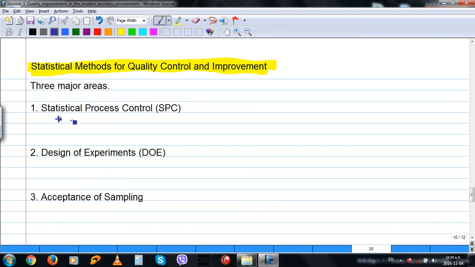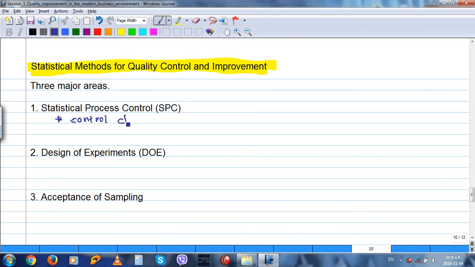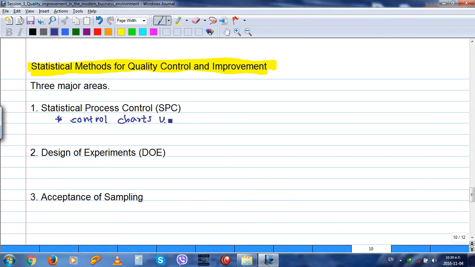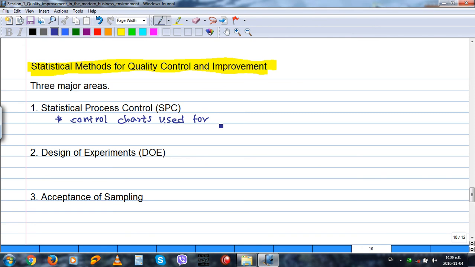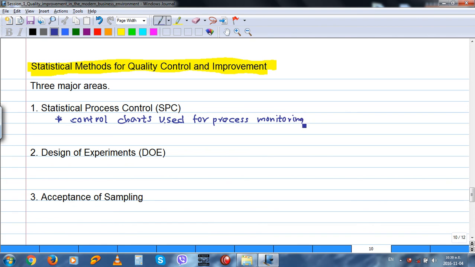So we have to know that statistical process control is monitored with control charts. We can write: control charts used for process monitoring and variability reduction.